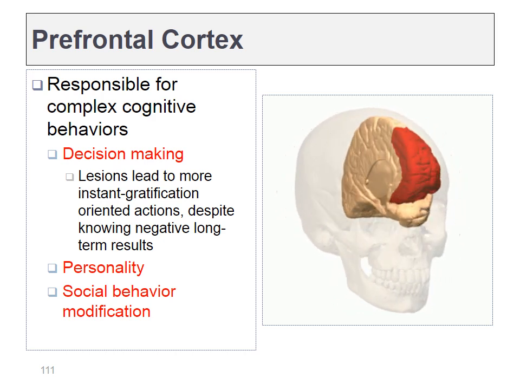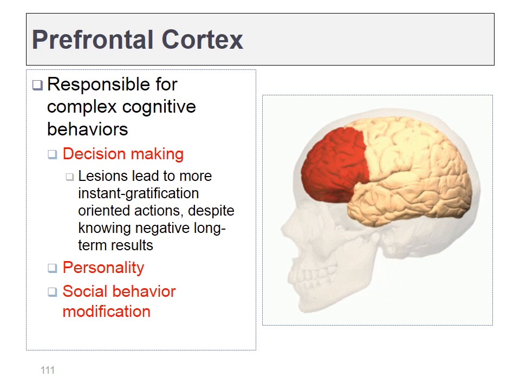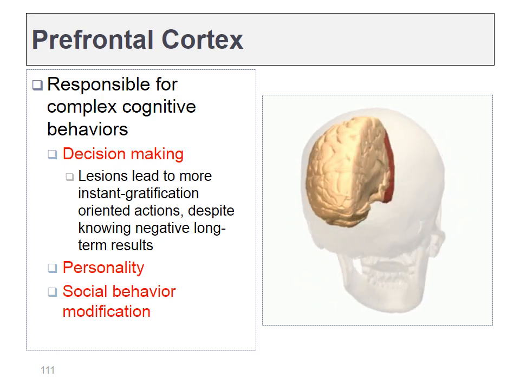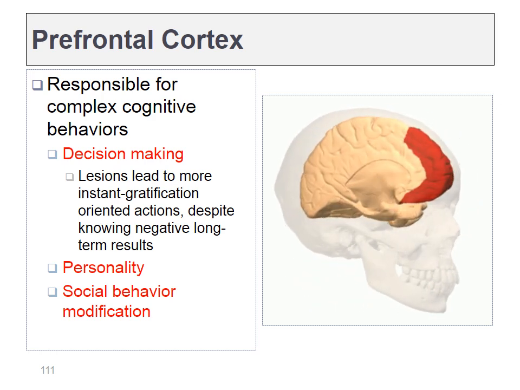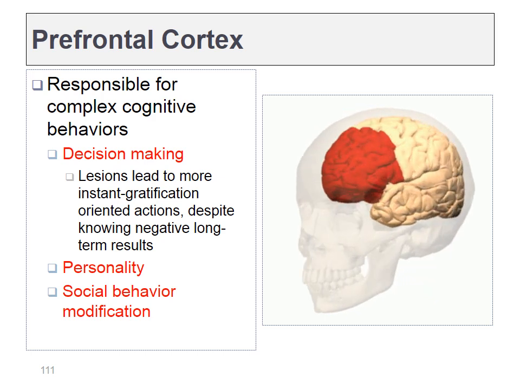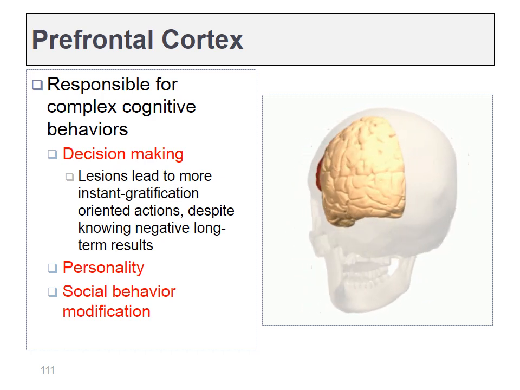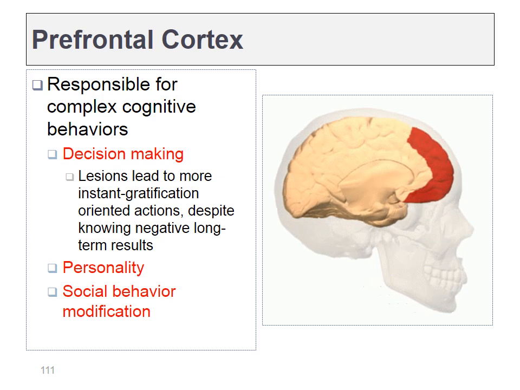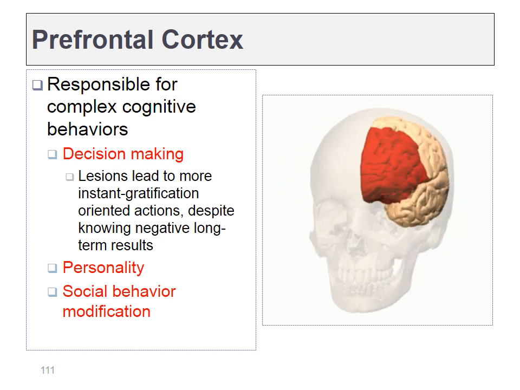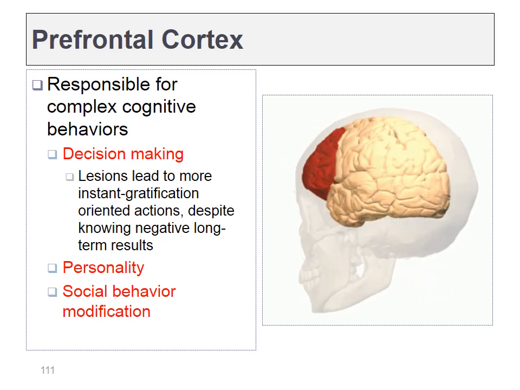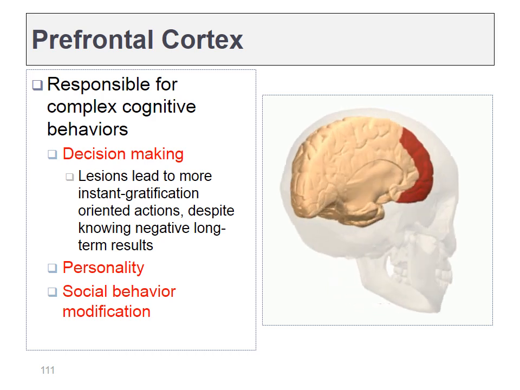The prefrontal cortex is involved in decision-making, and we could say that's an important part of our personality, but it's definitely not the only thing about our personality. In the previous section, we talked about the amygdala and nucleus accumbens. Certainly our fears and our desires are part of our personality as well.